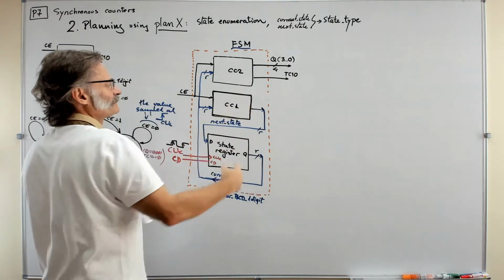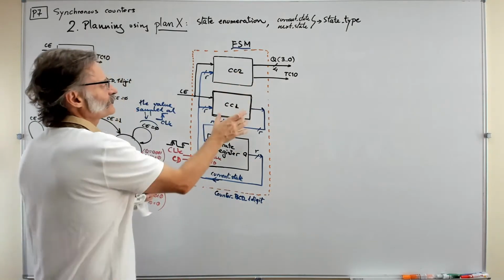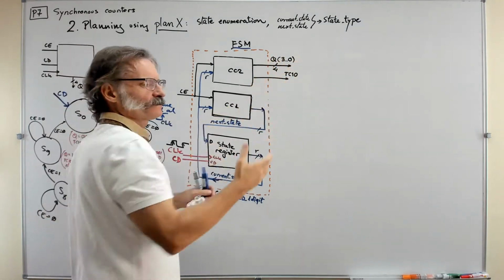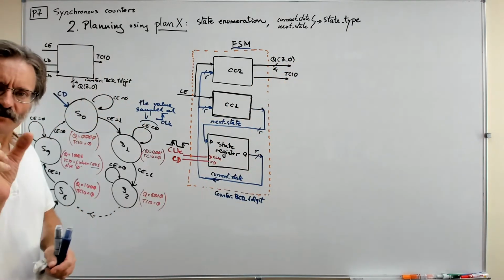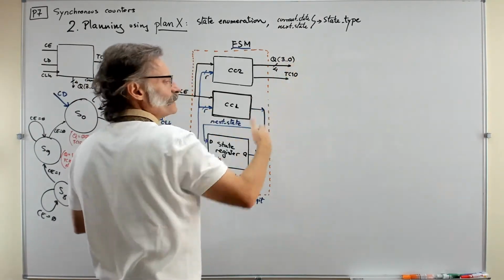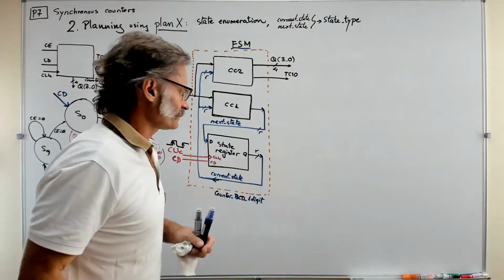So this is the truth table associated to CC1 and CC2, generating the next state to go to, or generating the full set of 5 outputs here. 4 of them are organized as a binary combination, or a BCD combination from 0 to 9, and the other one is just a single pulse every 10 states.